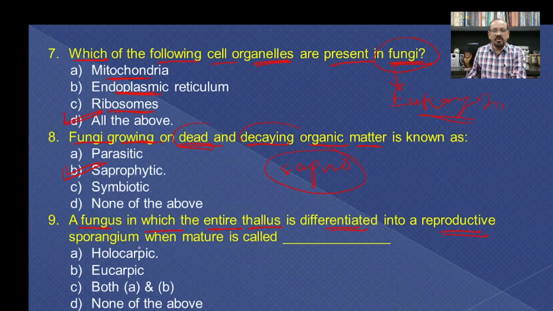So if the whole part is converted into the reproductive organ, then it is known as holocarpic, and if only some of the vegetative hyphae convert into the reproductive organ, then it is known as eucarpic.